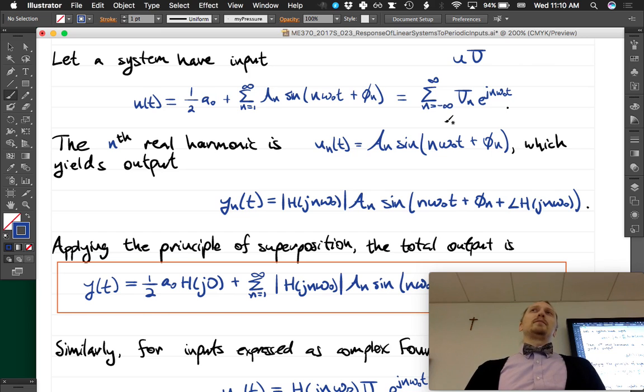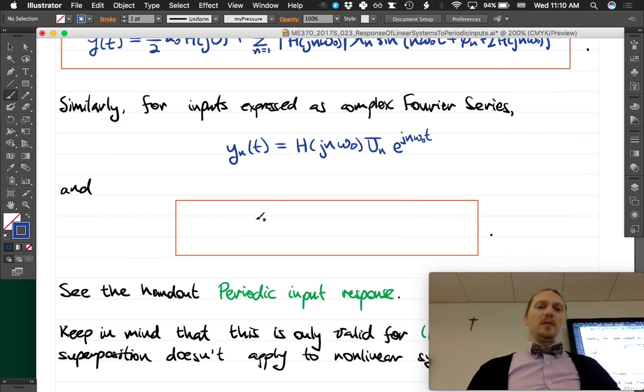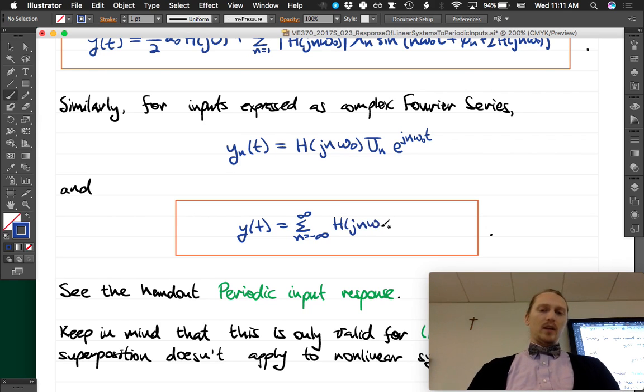Okay, so if you put in that complex amplitude, you get this out for each term. So if you wanted to write the entire thing, it comes out to be the sum from n equals negative infinity to positive infinity of H(j n omega naught) times U_n e^(j n omega naught t).